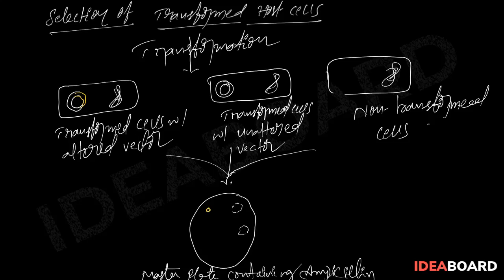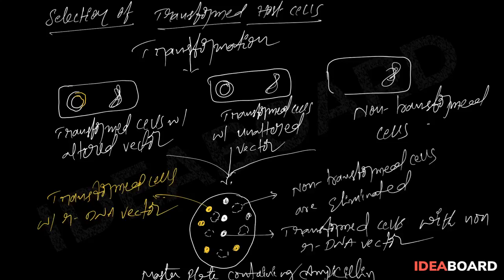I am indicating yellow color as recombinant, and these thick white dots are non-recombinants. These dotted white lines are the non-transformants; they will die as soon as they are transferred into the medium. But still we need only transformed cells with altered vector or rDNA vector.